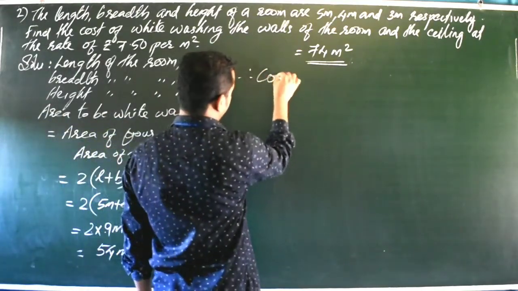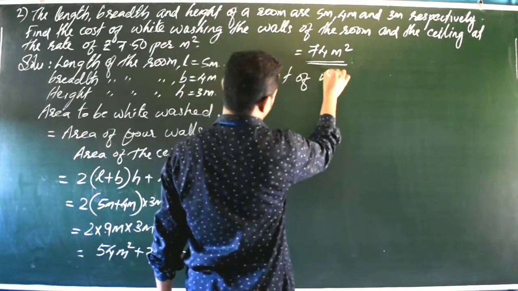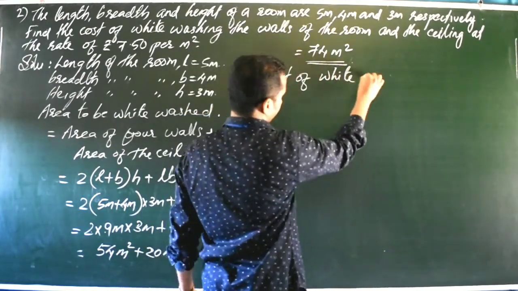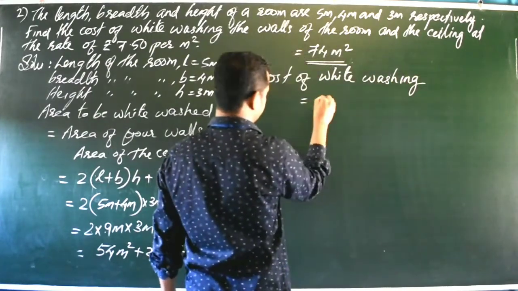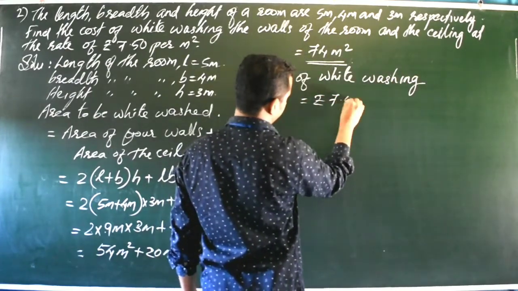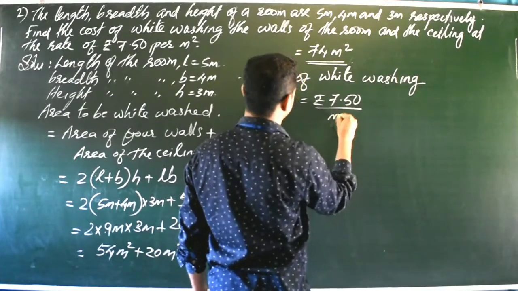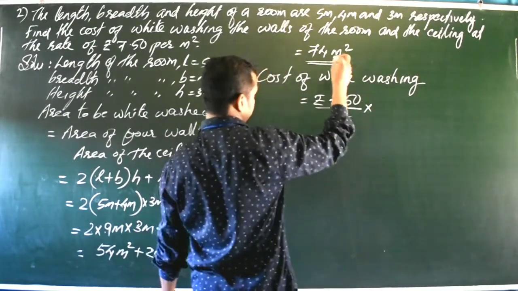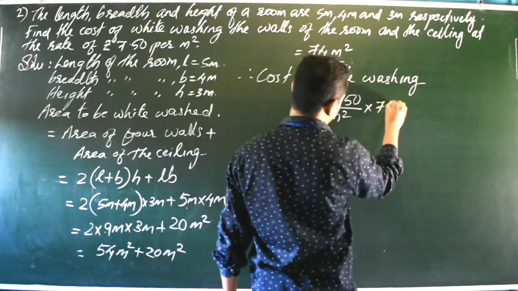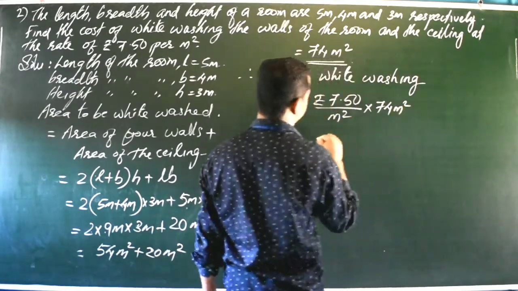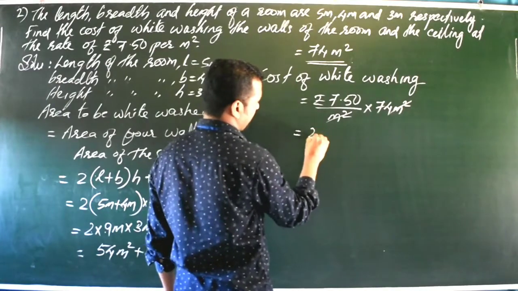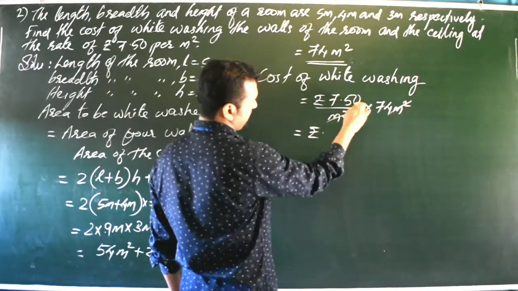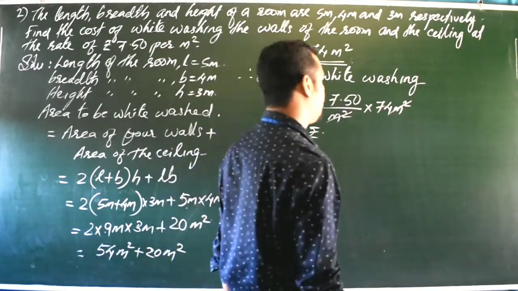Therefore we can write: cost of whitewashing is equal to rupees 7.50 per meter square, that is the rate, into 74 meter square, the area we have to whitewash. That is equal to, meter square we can cancel, rupees 7.50 into 74.